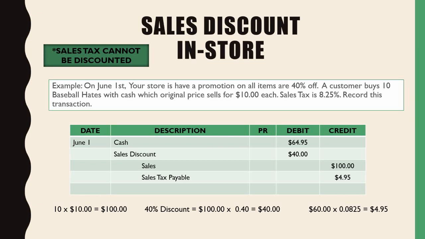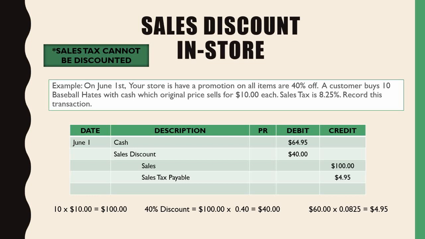Yes. So we are still giving a discount to customers, but the difference is when we are giving them a discount, that makes the difference. What do you mean by when? Like sales discount in store is we are giving them discounts when they are buying it.